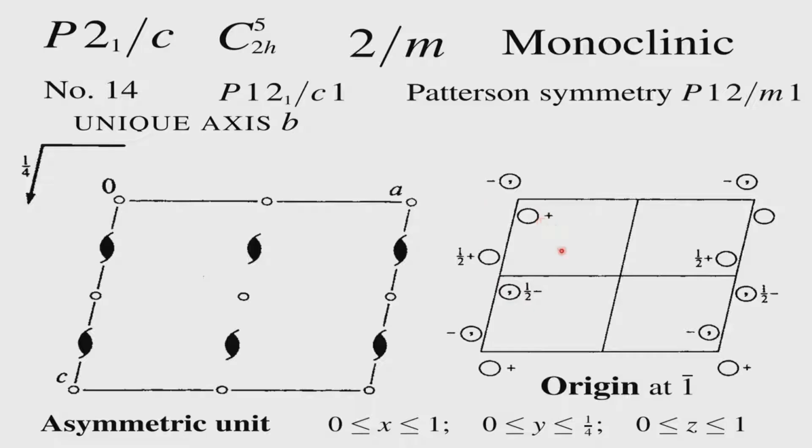The number of equivalent points in the asymmetric unit here in this case is only 1. It is because of the fact it is a primitive lattice. So, in a primitive lattice you should have only 1. In a C centered lattice you should have 2.